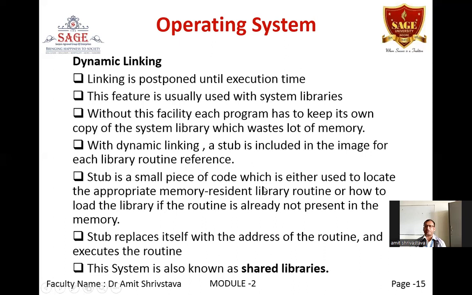It means that if any one program has already loaded a particular library routine like the iostream.h header file, then the stub will see that. If a second program also requires the iostream.h header file, the stub will check whether it is already present in the main memory.